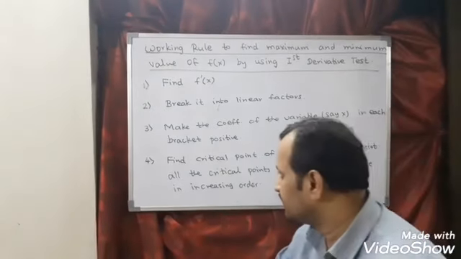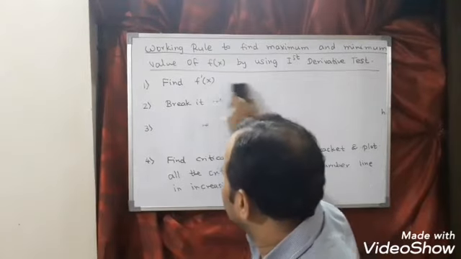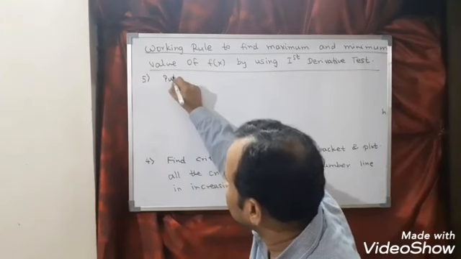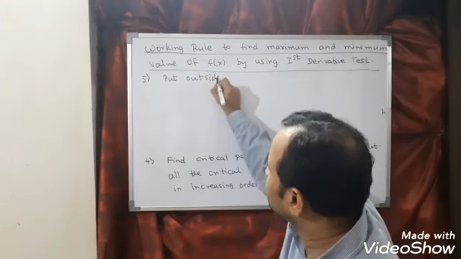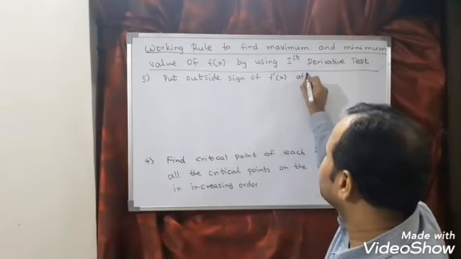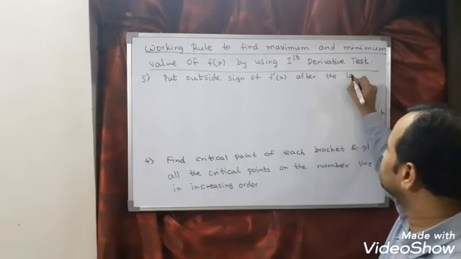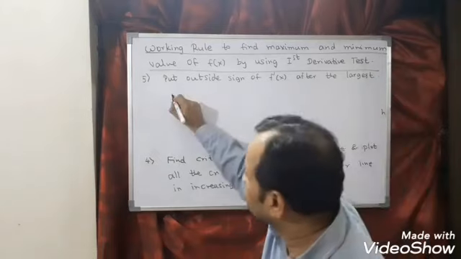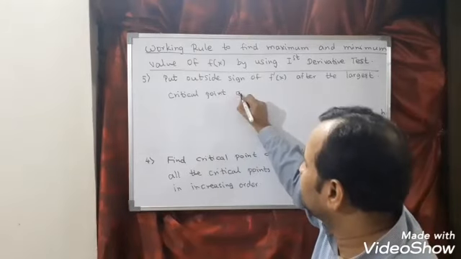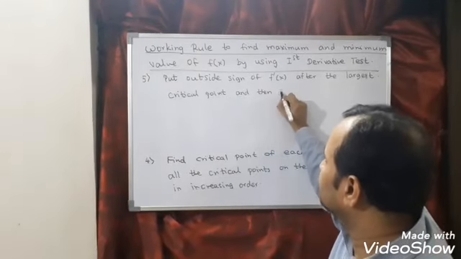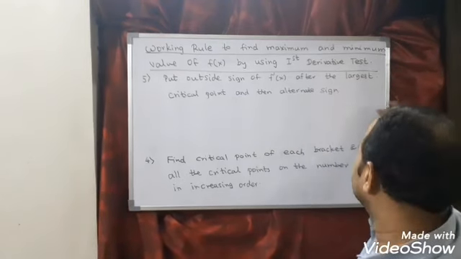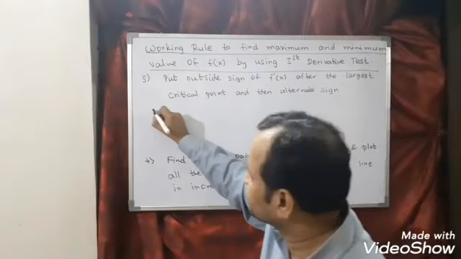Right? What is the next step? Tell me, what is the next step? So the next step is put the outside sign of f dash x after the largest critical point, and then alternate sign.